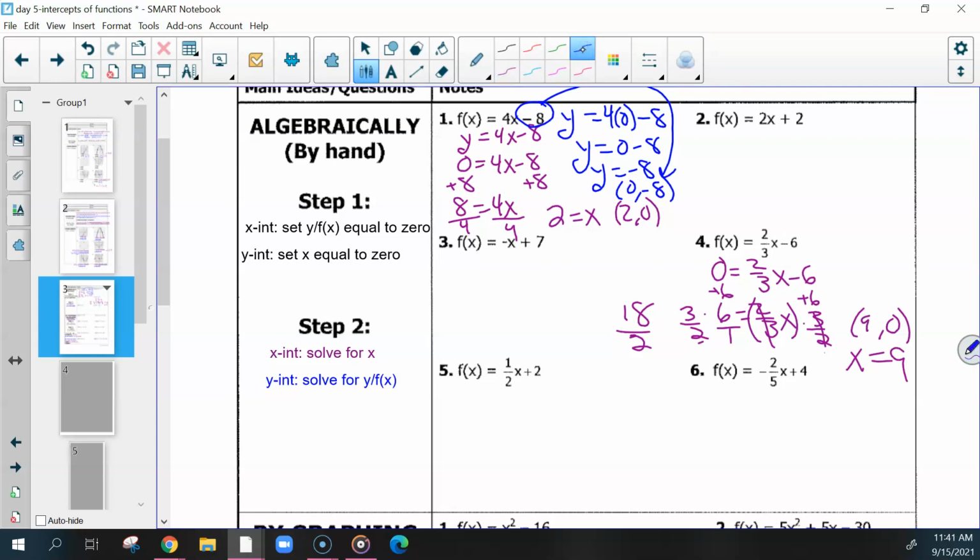What would our y-intercept be? Negative 6. So if it's in this format, that's not something you need to solve for. It's there, it's given to you already.